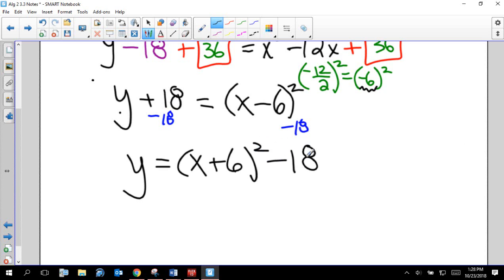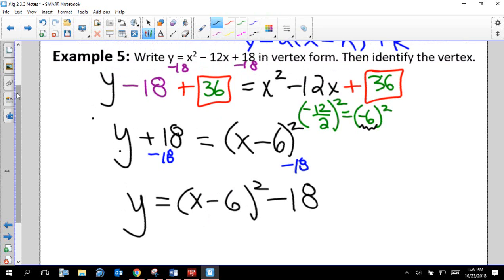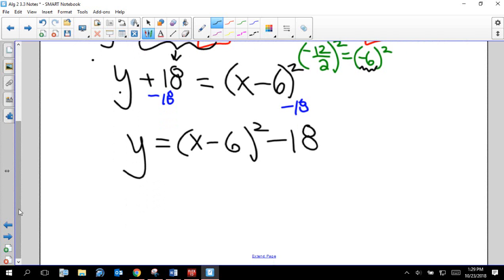Hold on a second, I made a mistake here too. Up here, when I took away the 18 from both sides and then added 36, these simplify together to give you 18. Okay, once you have moved the 18 back over to the other side, it is in vertex form.